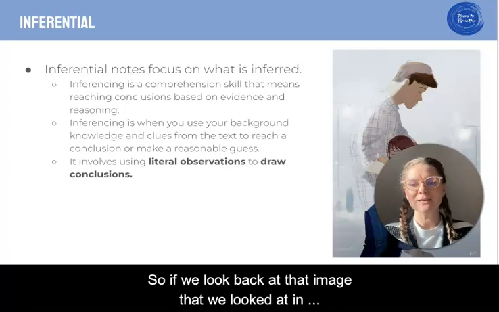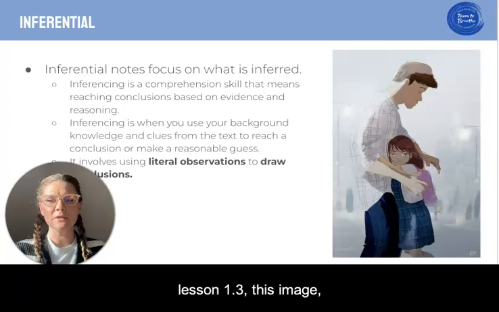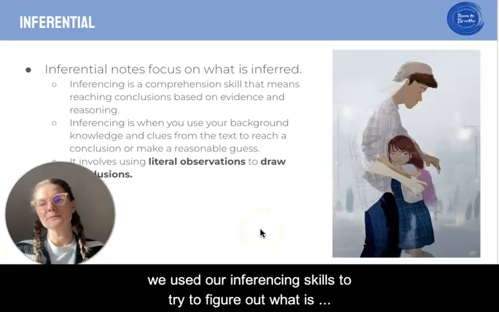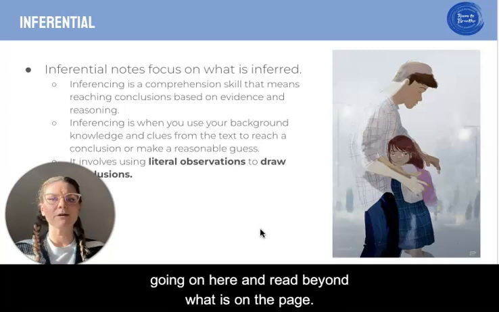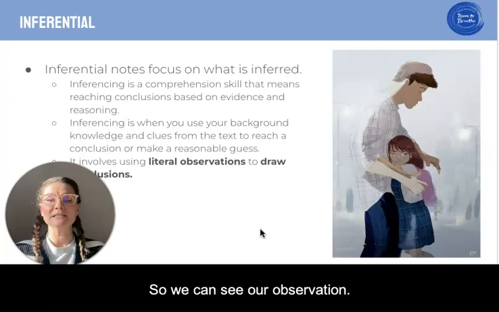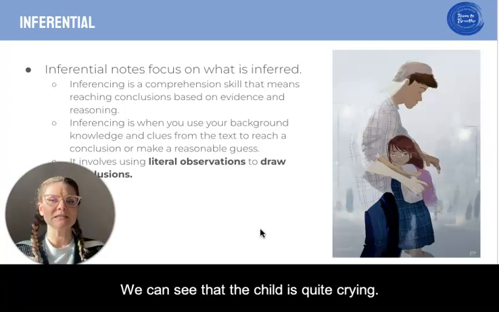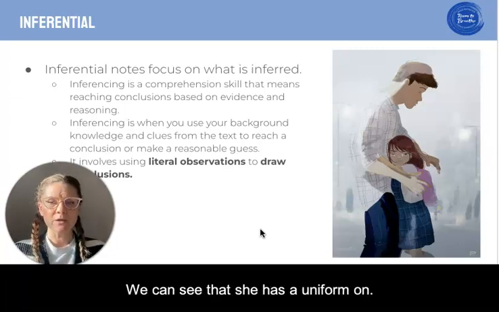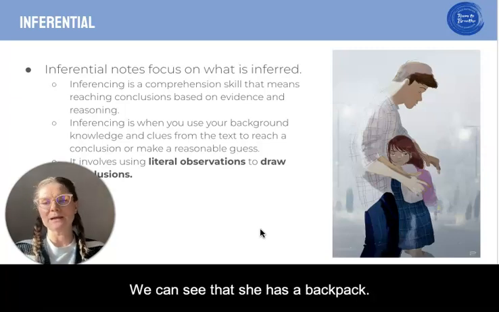So if we look back at that image that we looked at in lesson 1.3, we used our inferencing skills to try to figure out what is going on here, and read beyond what is on the page. So we can see our observations. We can see that the child is crying. We can see that she has a uniform on. We can see that she has a backpack.